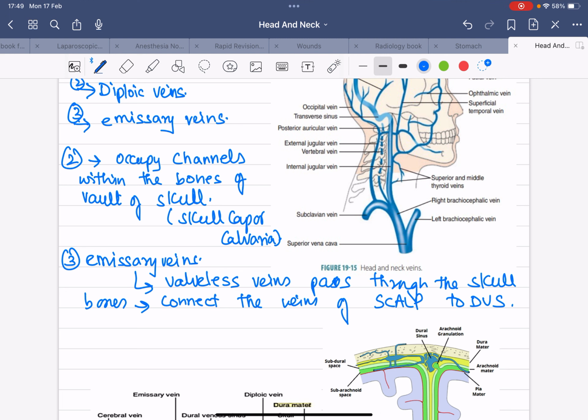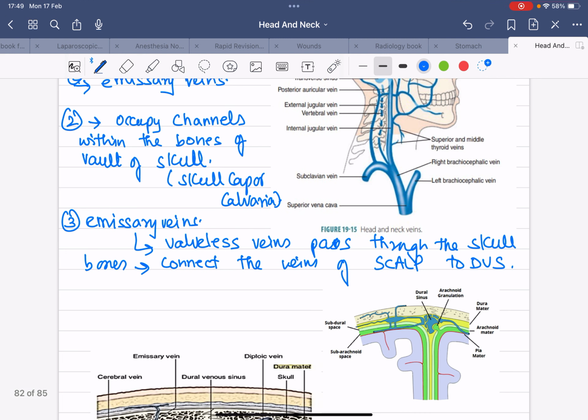So please remember, it can be a source of infection. So it is a route for the spread of infection.